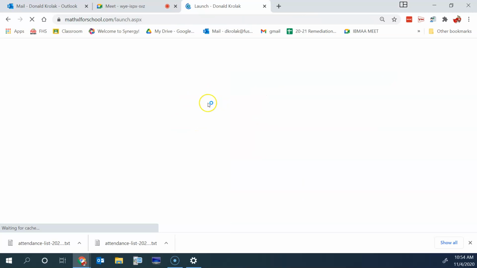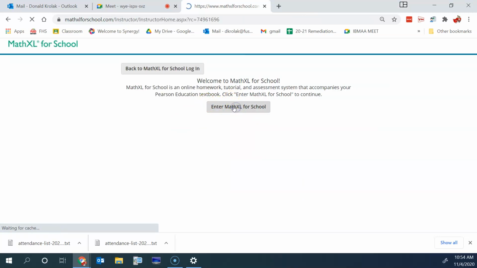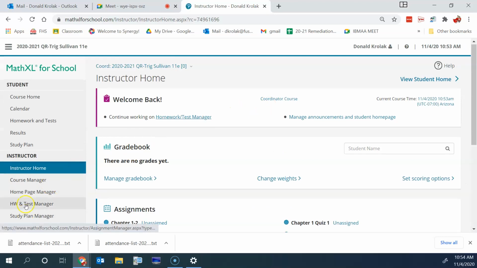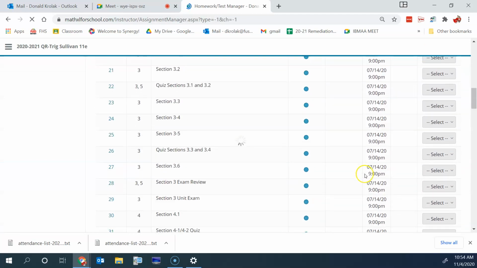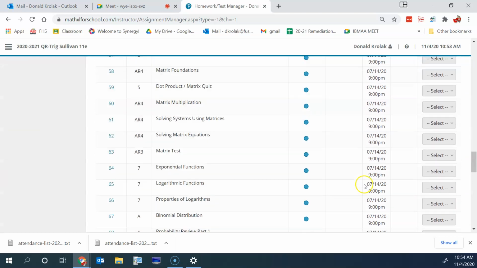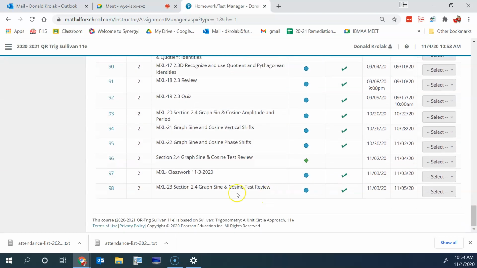Okay, so I moved the test to Friday, and today we're going to work through the review here. And then you're going to open up the one that says Math Excel 23, graph, sine, and cosine test review.